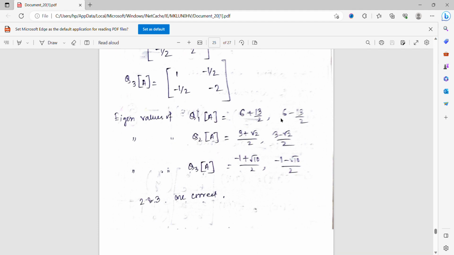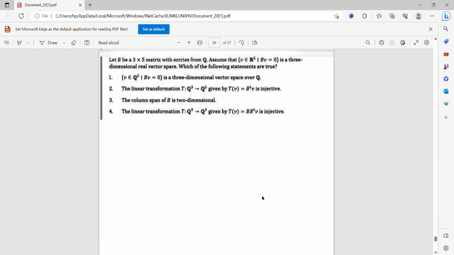But A and C are equivalent, because both associated matrices have the same rank, both have rank 2, and each has one negative eigenvalue and one positive eigenvalue. So all of these are the same. There is a term called signature. Signature means the number of positive eigenvalues minus the number of negative eigenvalues, which is also the same here. So that's why 2 and 3 are the correct answers.